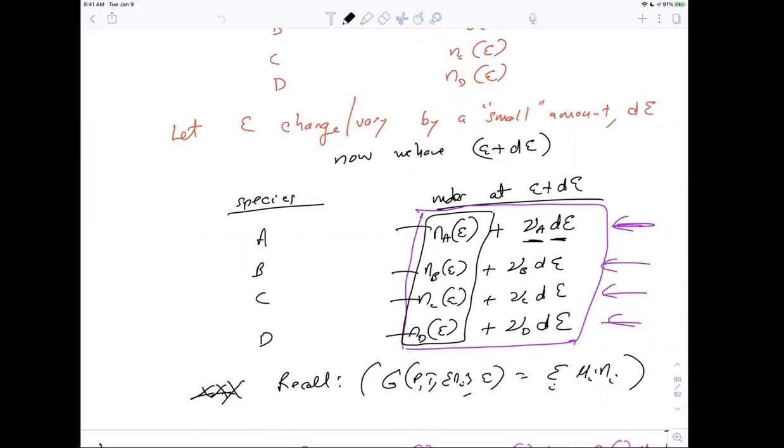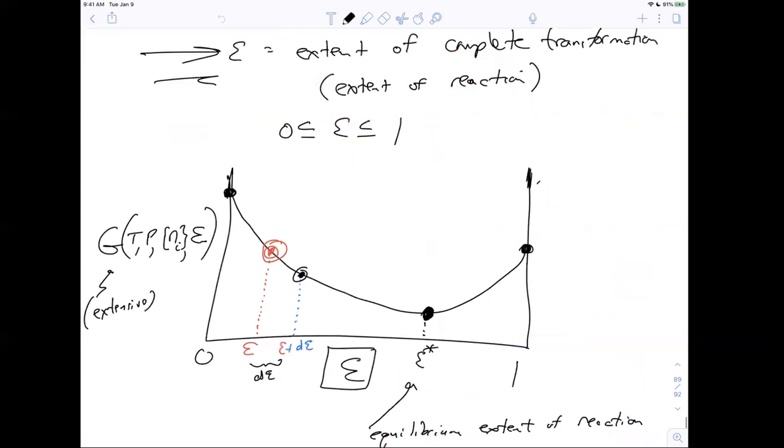Okay, so I'm going to continue, if there's no questions or comments, with chemical equilibrium today. And just to recap, we started with this notion of the extent of reaction.